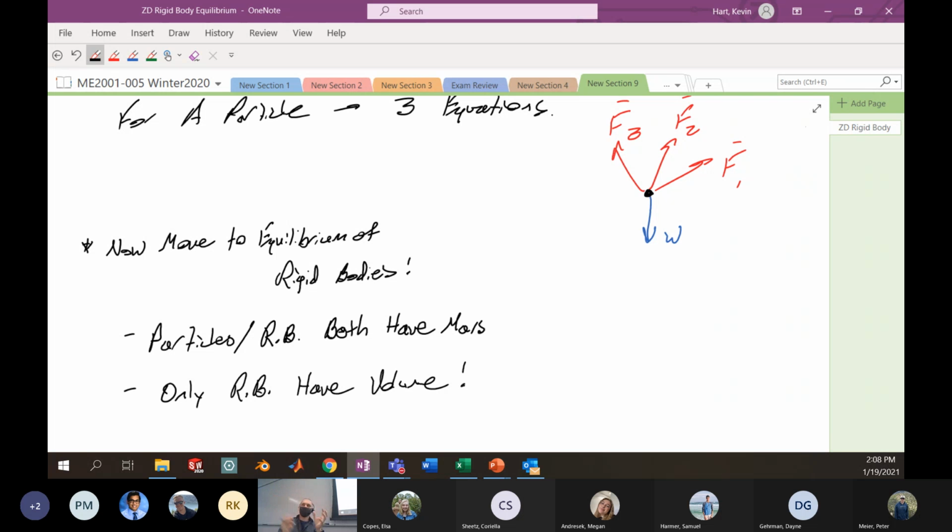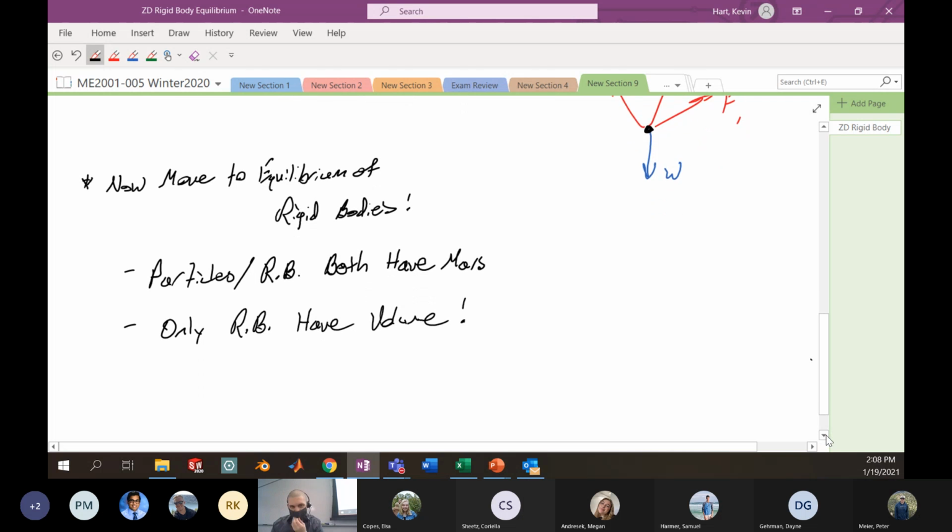And because there are many points on your body where the forces can act, we can now have moments that are generated on your object. And so you're talking about distances between various particles on the object and forces acting on those various pieces. You can generate moments on your object, which we now have to consider that we didn't have to consider with particles. So what do I mean by that? So because of this, we must now consider moments.